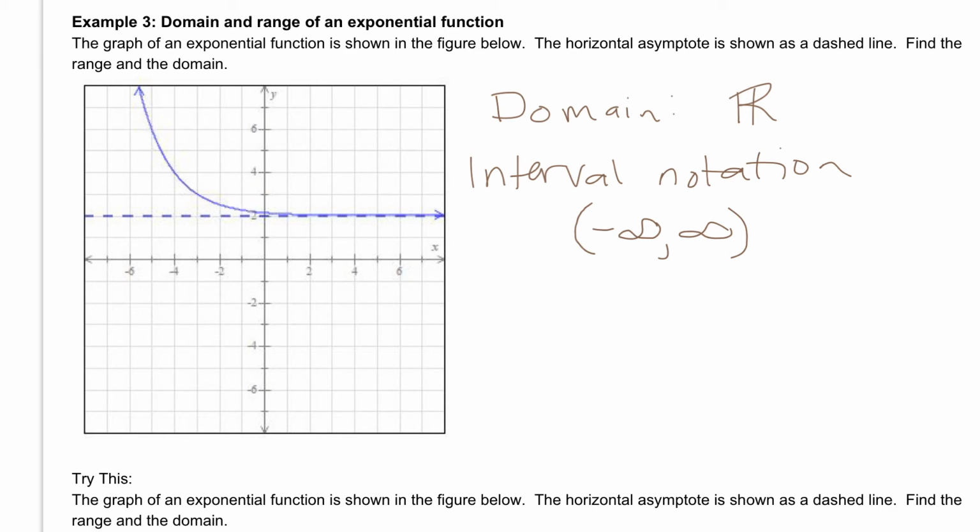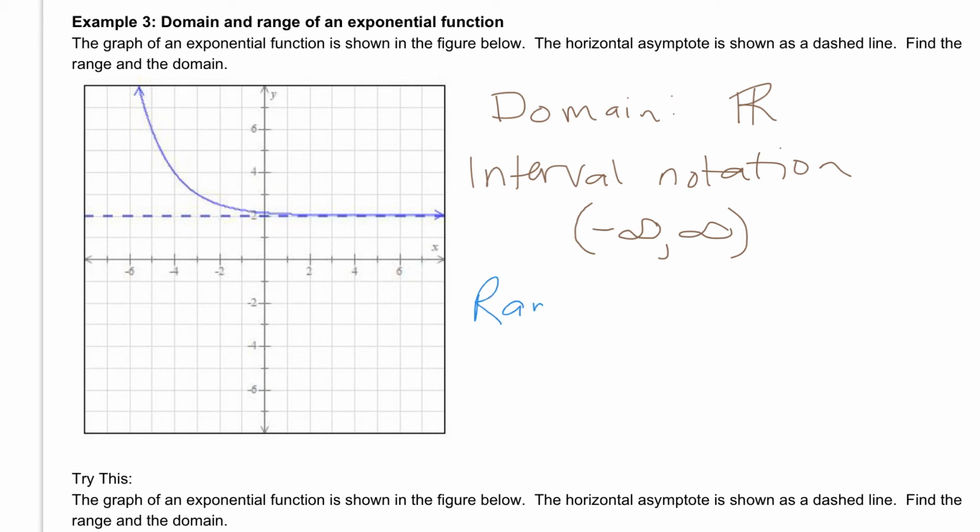And as I travel down, if I go down here to, let's say, 1, I will never find a point on my graph. If I go to 2, well, 2 is where my asymptote's at. And remember, that asymptote is not part of our graph, so I can't really have a range that's equal to 2 either. Basically, what I have is everything above that asymptote, or everything above 2.